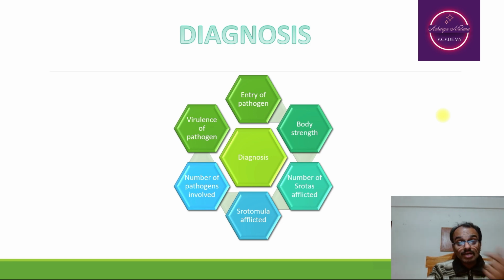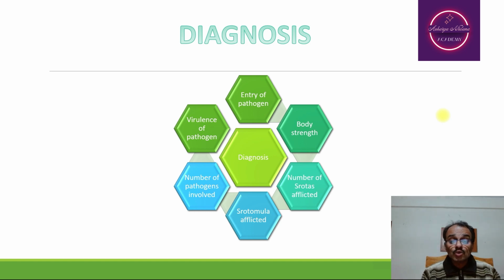Because whenever Pranavaha Srotas affliction is there, it may be considered a continuation, since Mahasrotas also comes under this Pranavata dysfunction. So as a continuation of Pranavata, there may be a possible affliction of Annavaha Srotas also. Like that, the number of Srotas afflicted counts a lot when you are making the exact diagnosis.